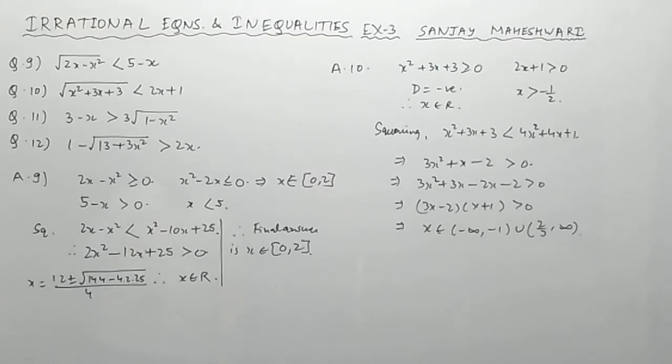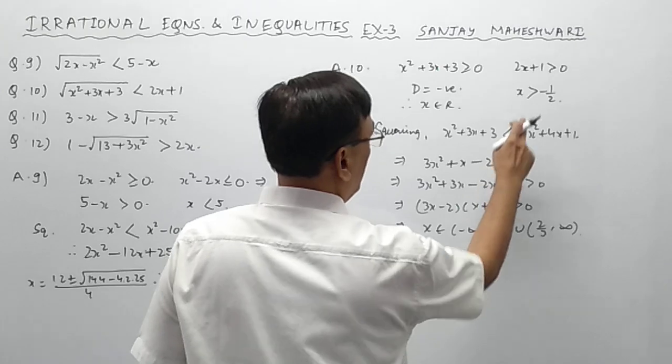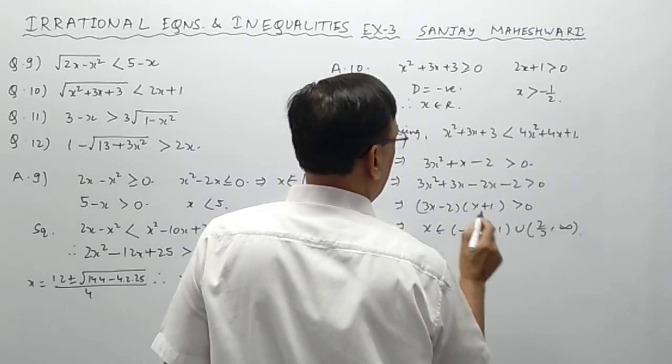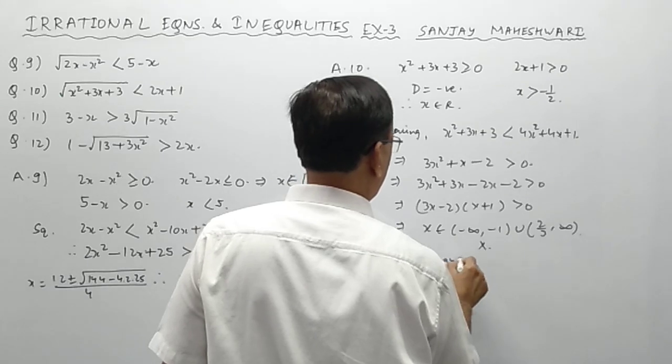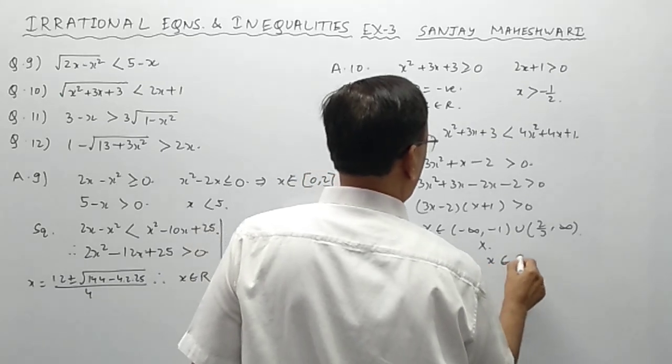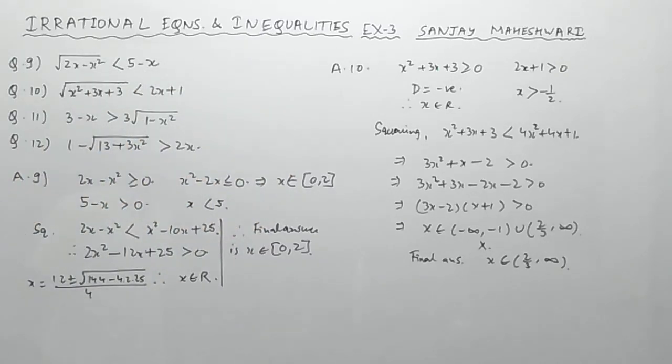So we can easily see that this part is not matching with this, so this gets cancelled out. So final answer is x belongs to 2 by 3 to infinity. Please note down. We'll move on to question number 11 now.